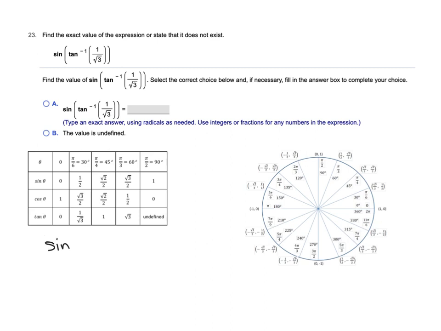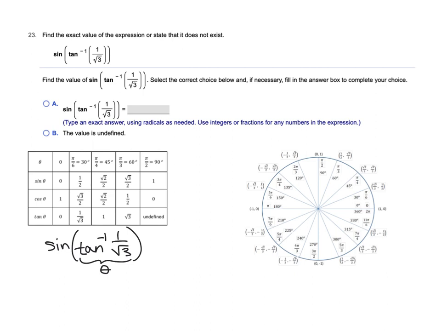So we have the sine, and the first thing we're going to look at is the inverse tangent. This is what we just were doing, okay? So let's do this first. We know this is a theta, and we need to figure out what it is. Every time you have an inverse trig function, you know your answer is some kind of angle. So remember how we do it?